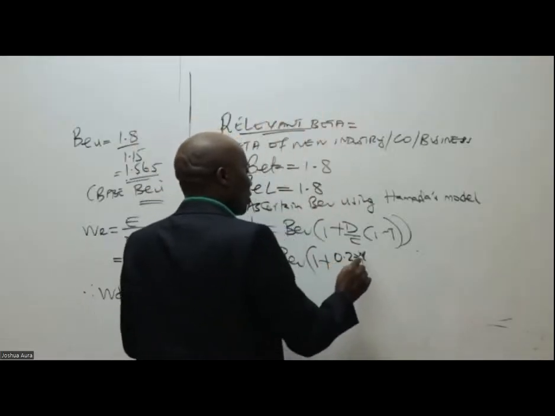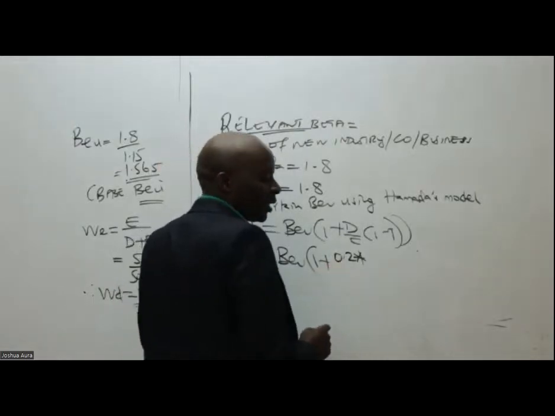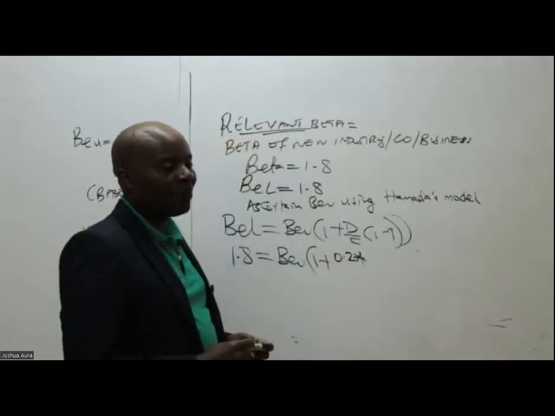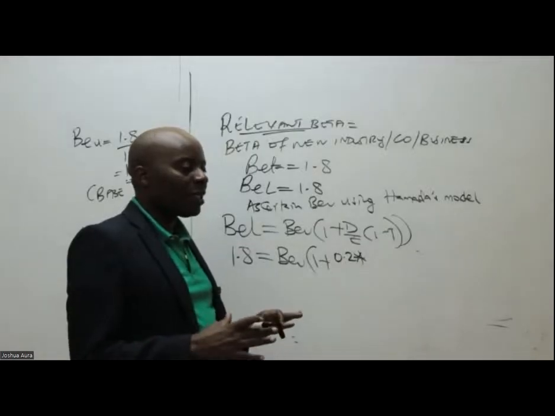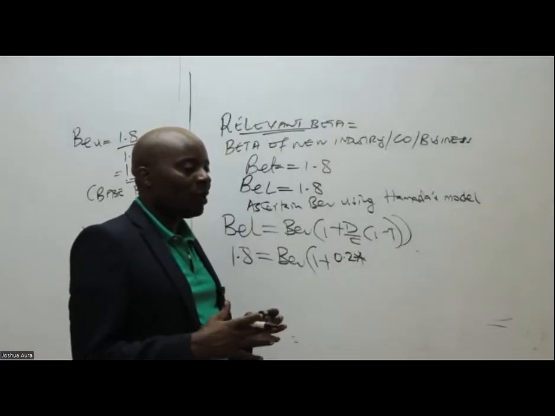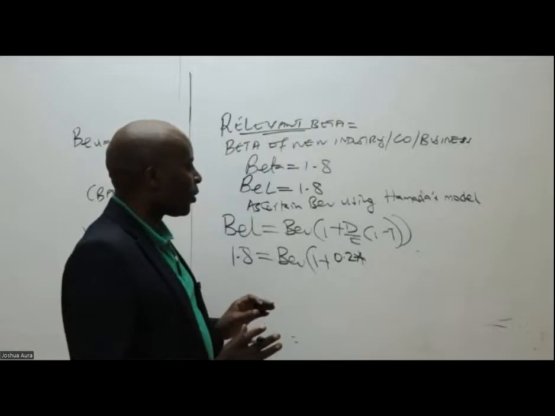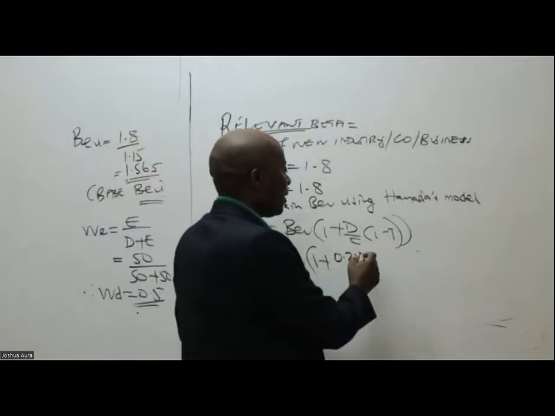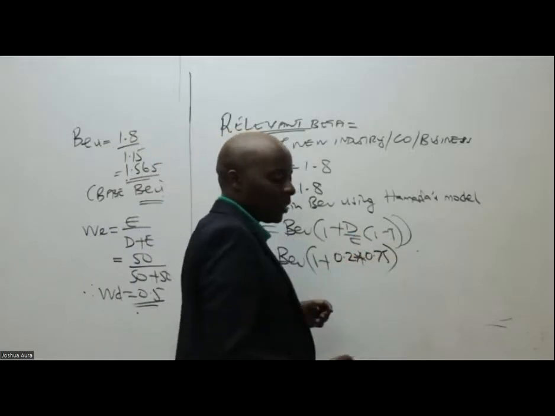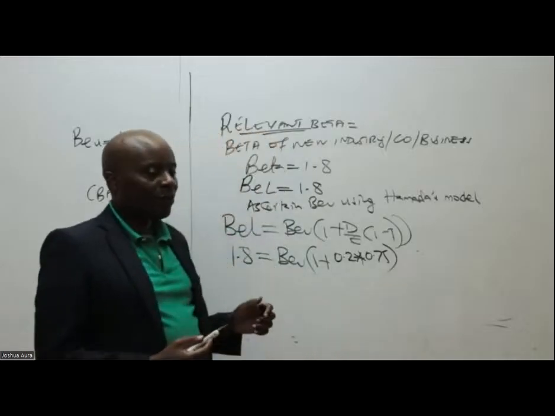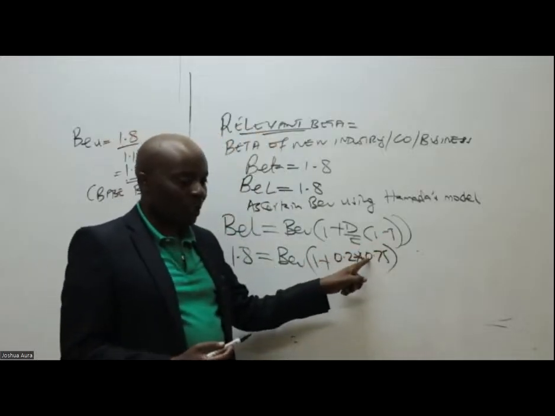Times 1 minus tax. Have they given me the rate of tax? Never assume it's 30%. In finance, if tax is not given, take it to be 0.25. So 1 minus 0.25 gives me 0.75.